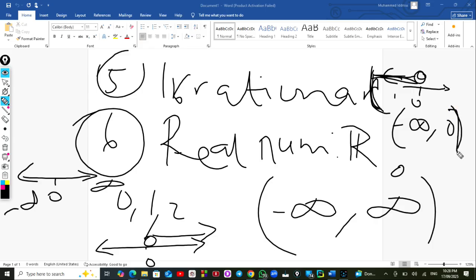But if we were having a closed interval at 0, that means we will have a filled circle at 0. Is that fine?